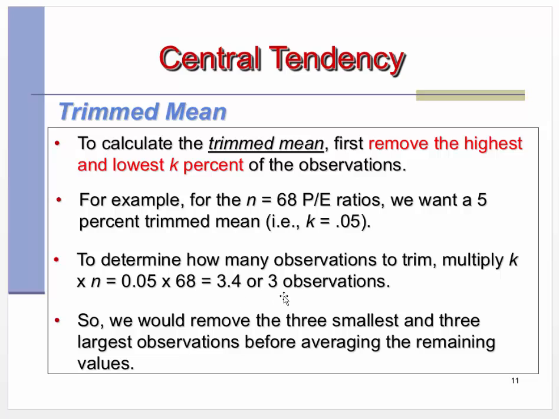Let's round it to 3. So we need to trim 3 observations from the top and bottom. Then we remove the 3 smallest and the 3 largest observations before we average the remaining values. That will give us a 5% trimmed mean.